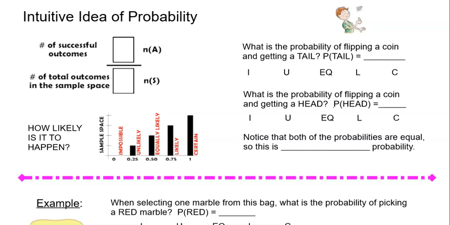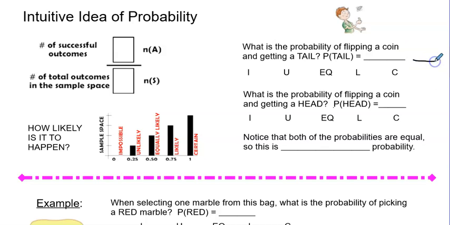Okay, intuitive idea of probability. The top number is the number of successful outcomes, and the bottom number is total outcomes in the sample space. Kind of like when you take a test. How many did you get right? How many were possible? So let's think about the probability of flipping a coin. How many chances are there? Well, there's 6 numbers. My bad, I'm thinking rolling a die. Brain just went bye-bye. Let's try this again.